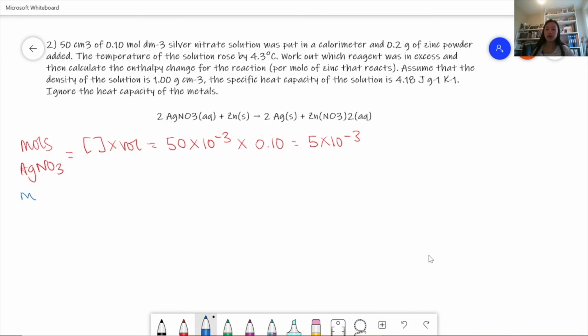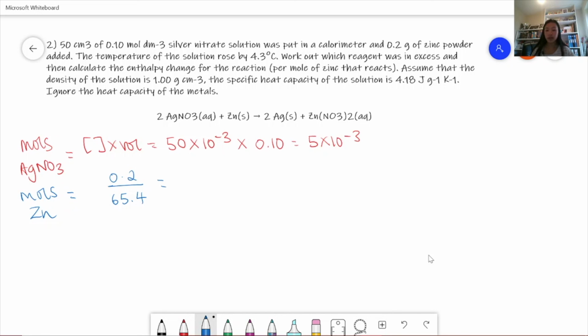And then I'm going to work out the moles of zinc. And now we can use the mass over MR because we're only given the mass. So we have 0.2 over the MR of zinc, which is 65.4.